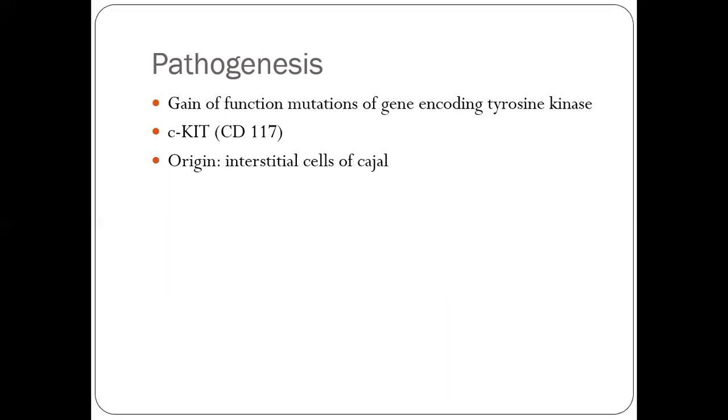This is the most important mutation. Or sometimes there may be mutations in platelet-derived growth factor receptor. The cell of origin of gastrointestinal stromal tumor is the interstitial cells of Cajal, which are the cells involved in peristaltic movements.